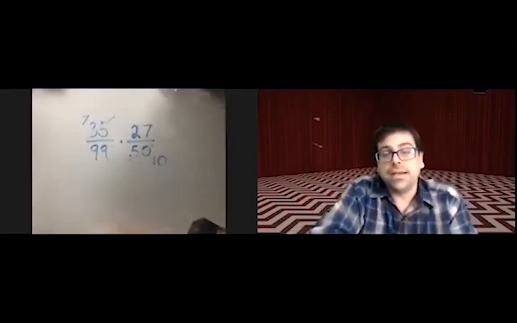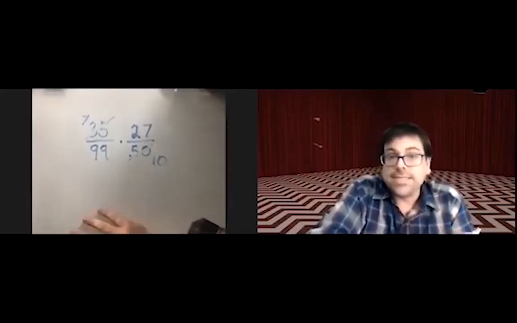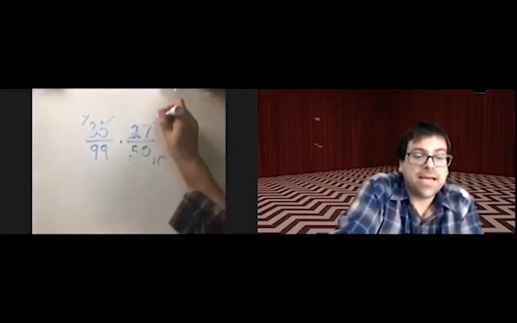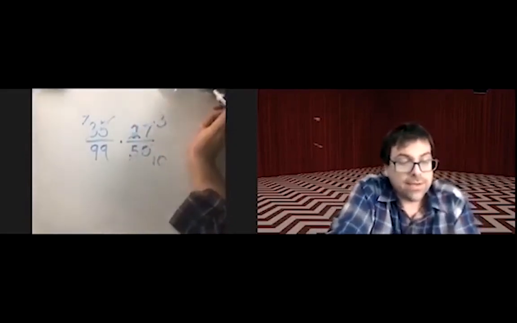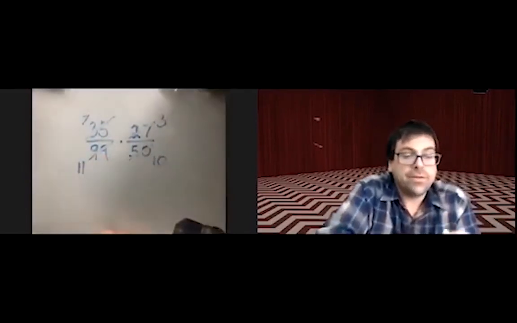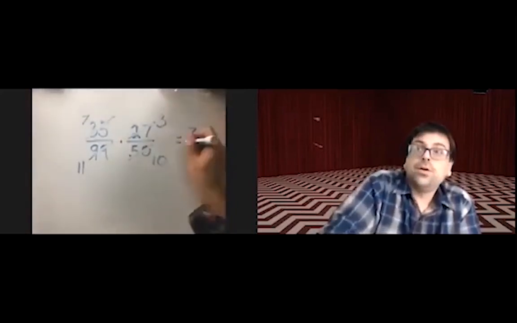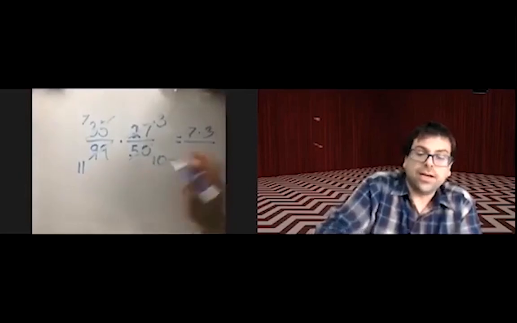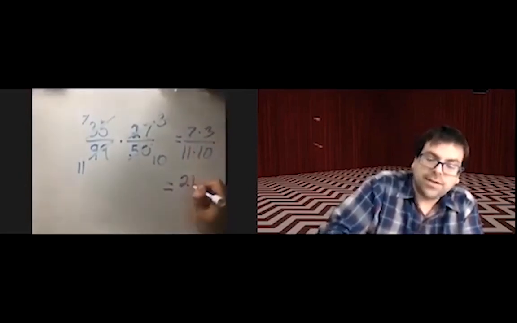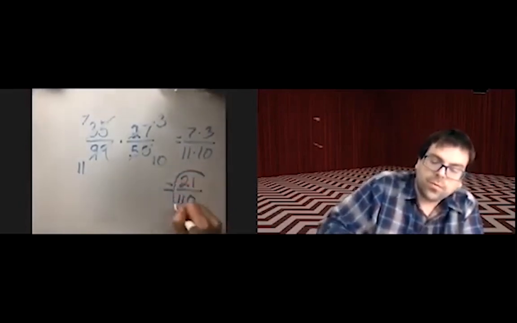27 and 99 are both divisible by 3, but they're also, easier, both divisible by 9. 27 divided by 9 is 3. 99 divided by 9 is 11. 7 times 3 over 11 times 10 gives us our final answer of 21 over 110.